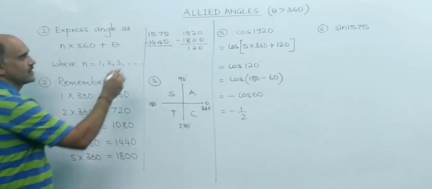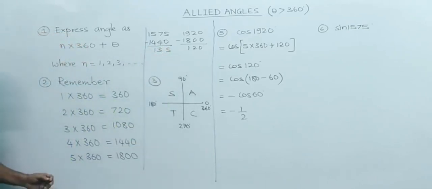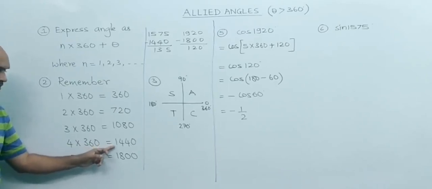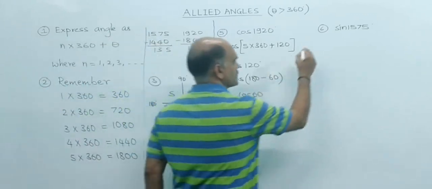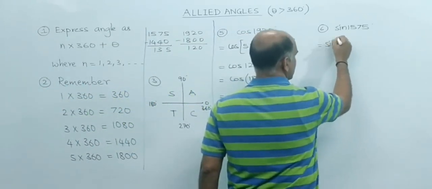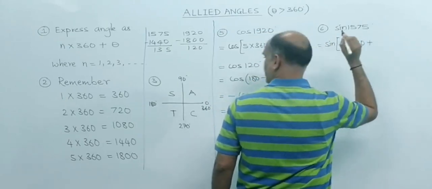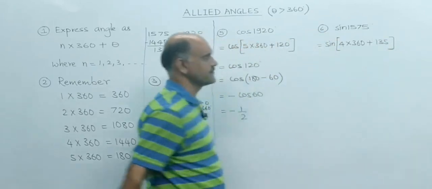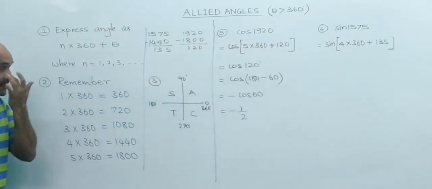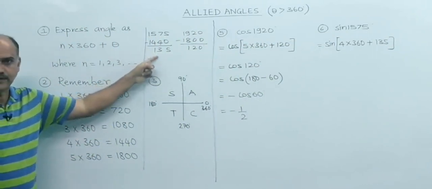So simplify, you will have 135. So it is greater by 135. So I can write sin of 4 into 360 plus 135. Clear, students? So 1575 I have written as 4 into 360 plus 135.